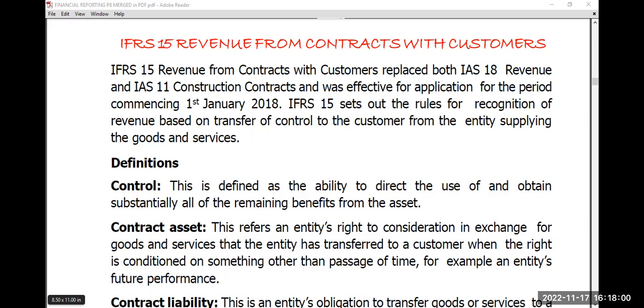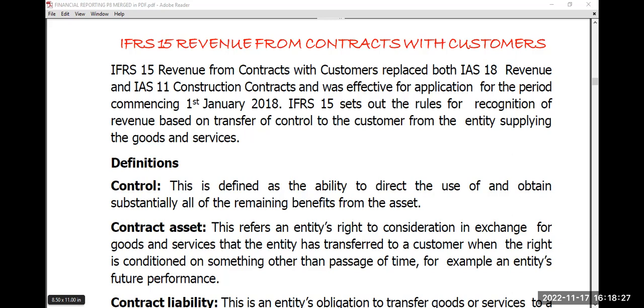That is basically some of the items that have been changed from the old standards, because the old standard used to recognize the revenue when the risks and the rewards have been transferred to the person who is supposed to receive the revenue.